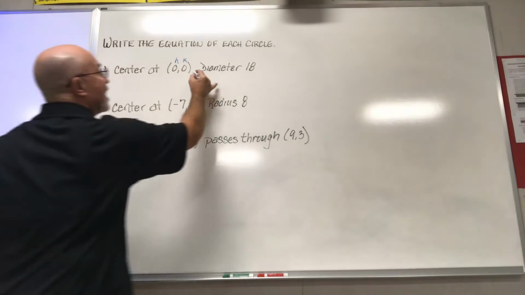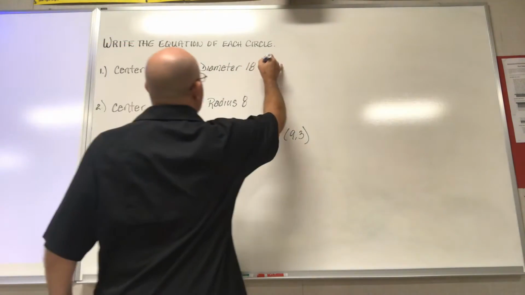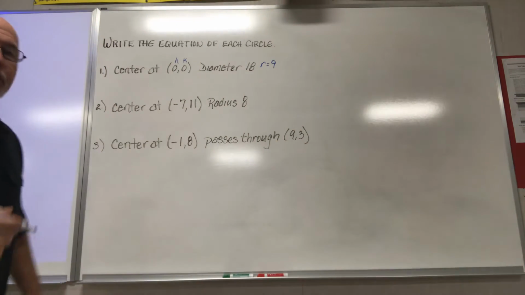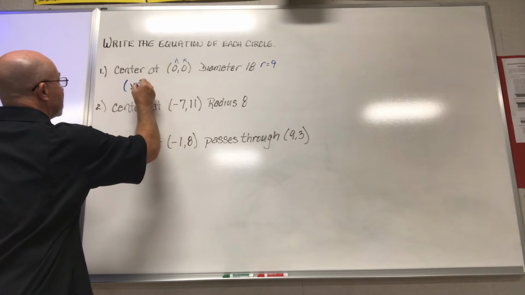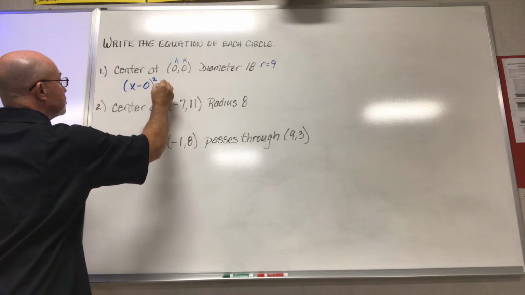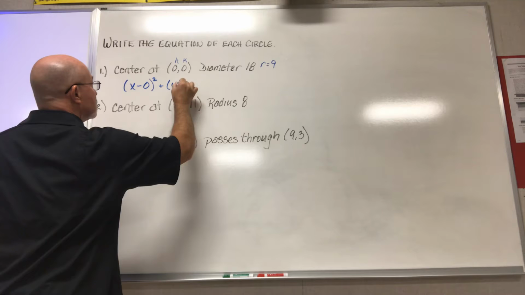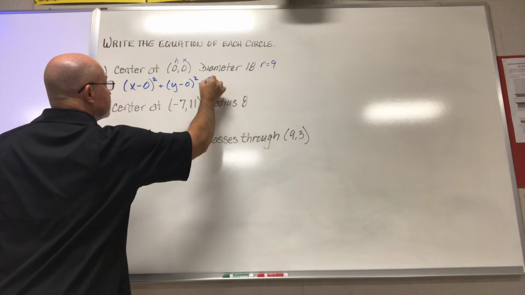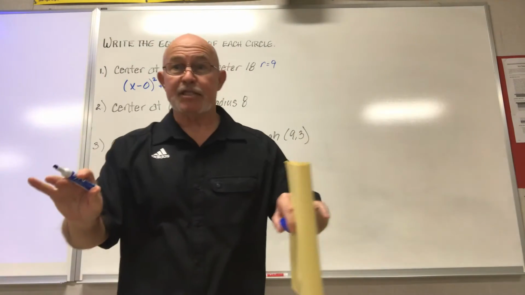And the diameter is 18, we have to remember, so that means the radius is 9. So we use the equation: x minus 0 squared plus y minus 0 squared equals 9 squared. That's it. That is the answer.